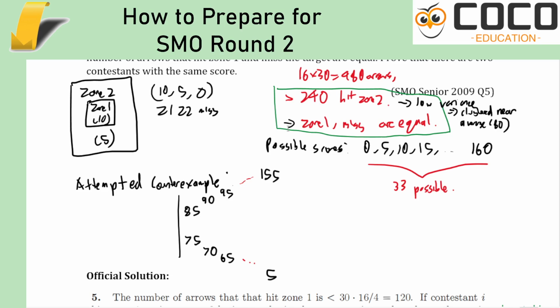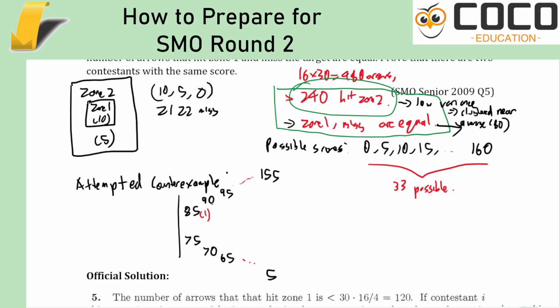Now I want to know why this is wrong, and so apparently the only thing that could possibly be wrong is this, because everything else is satisfied. Zone 1 and misses are equal just means the average is actually 80. So I only have to figure out, well, this person here with 85 needed at least one arrow in zone 1 to get away from the average, which is 80.